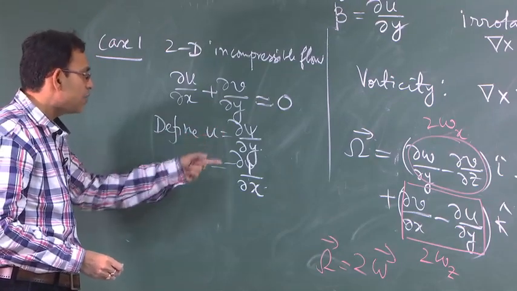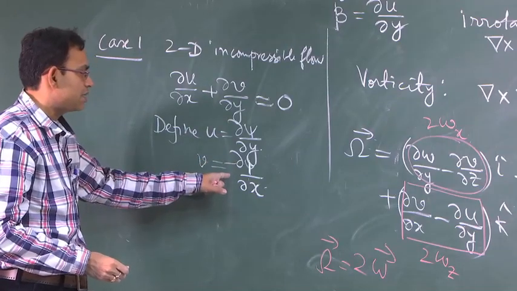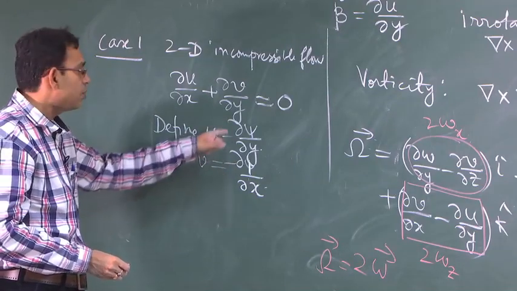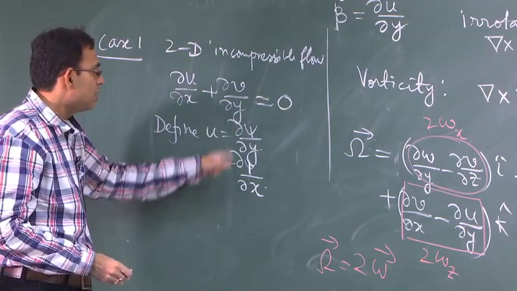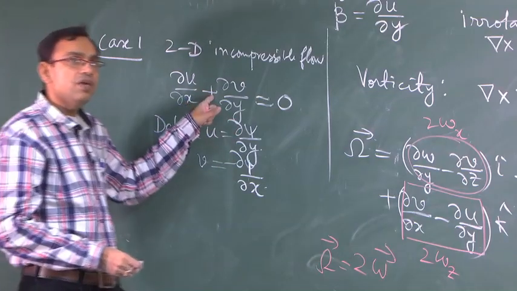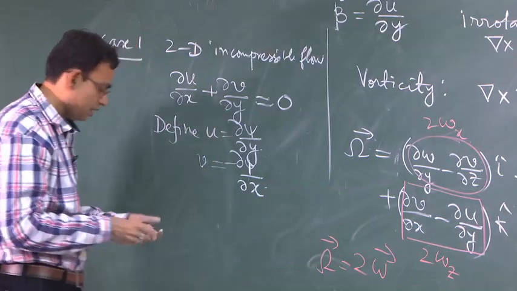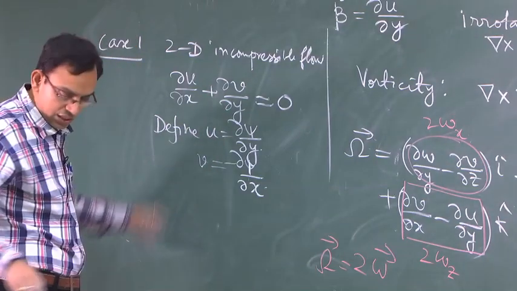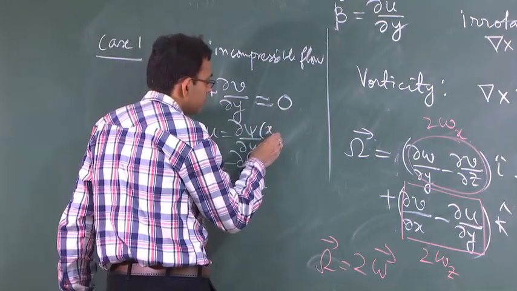So, you could as well define u is equal to minus del psi del y and v is equal to plus del psi del x. They have to be opposite because the sum total has to be 0. If you put this here, you will see that it trivially satisfies the two dimensional incompressibility condition.